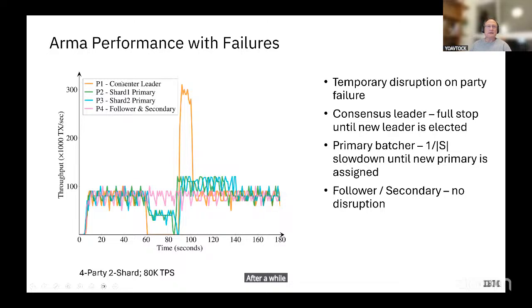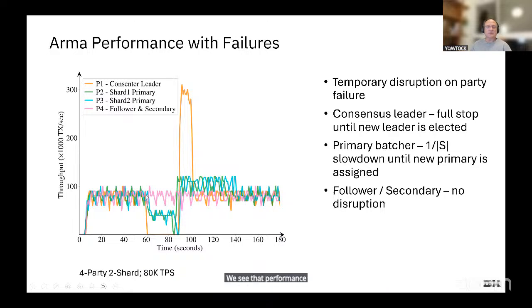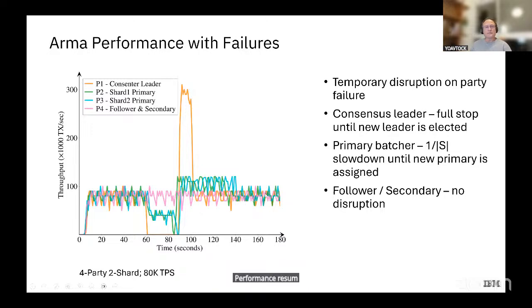However, the response to failure depends on what the roles were within that party. If we drop party 1, which in this deployment contains the consenter leader in the smart BFT cluster, we see that performance drops to 0 for a few seconds, and then once a new leader is elected, performance resumes in the yellow line.